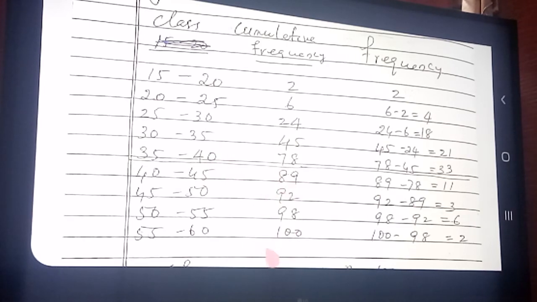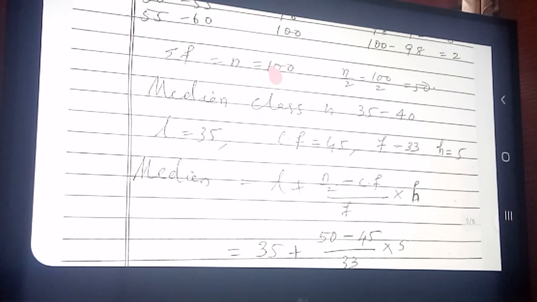Okay, see here the calculations now. Total frequency sigma f is given as 100, and n by 2 means 100 by 2, 50, and the median class is 35 to 40. Okay, L is 35, CF is 45, f is 33, h is 5. This you all know.